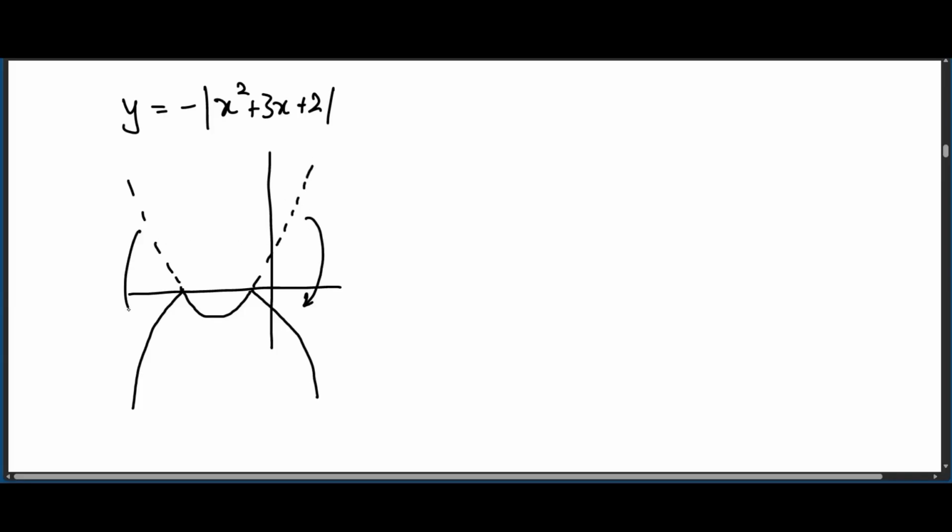Why? Because absolute value with a negative in front makes it always negative. So the graph would just look like this red part here. This red part would be the graph of y equals negative absolute value of x squared plus 3x plus 2.